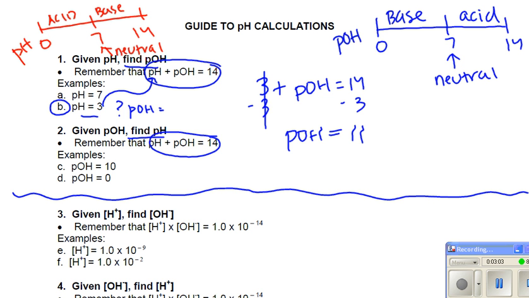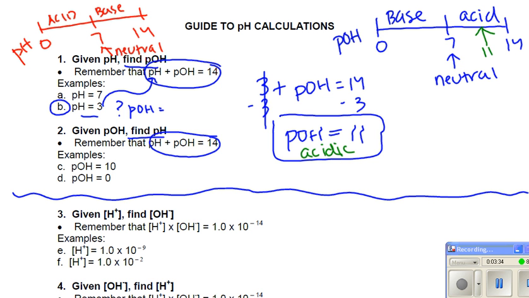Okay, now let's think about this. What does that mean? If I get a pOH of 11, on the scale, it's somewhere over here. So that means that this is an acidic solution. Then with type 2 problems, it's the same sort of thing, except you're given pOH and asked to solve for pH.